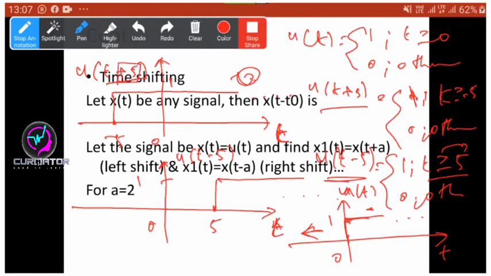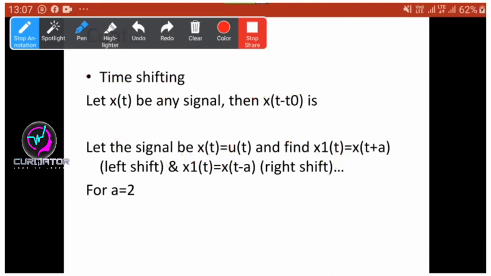So if we plus any value with t, then your signal will get shifted to left side for that same number of units. If I plus 5, your signal will get shifted 5 units left side. If I minus 5, then your signal will get shifted to right side for that same 5 units. This is time shifting operation.